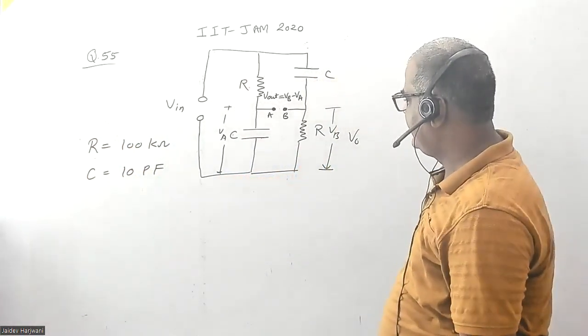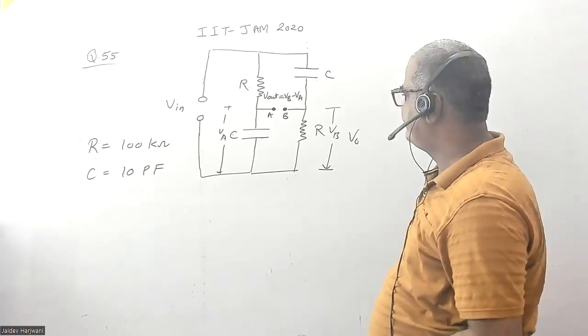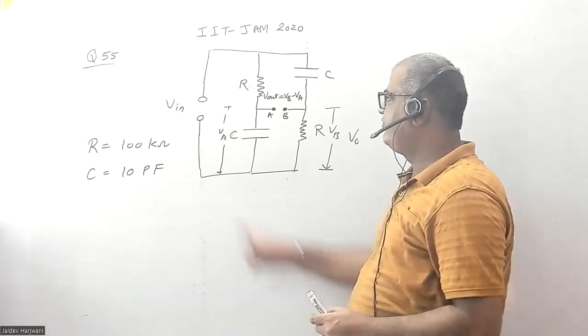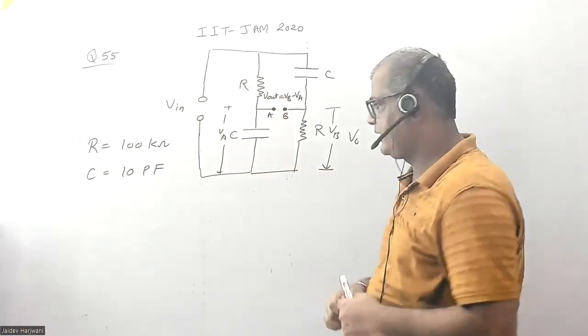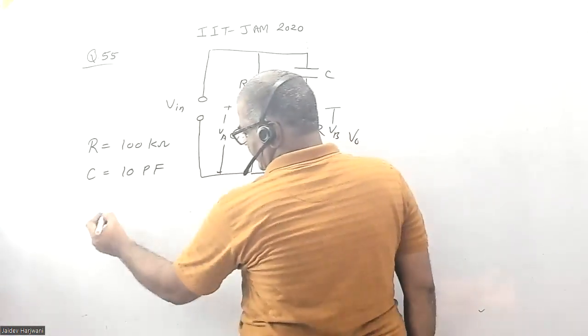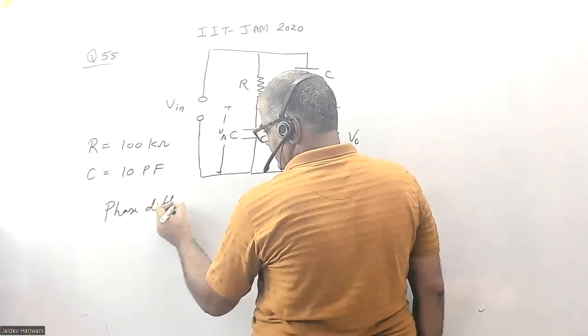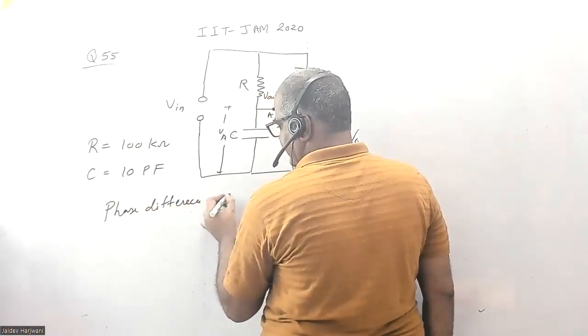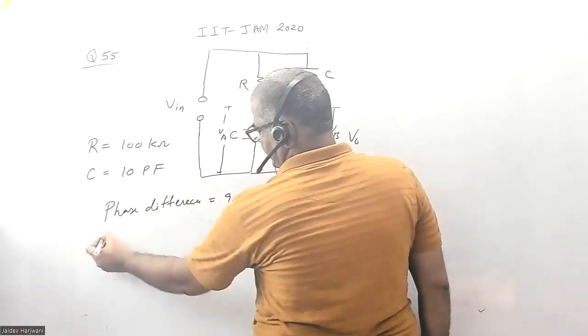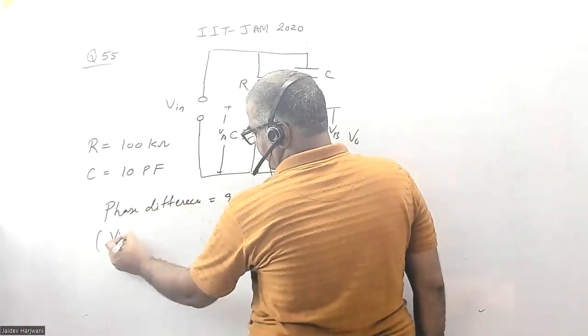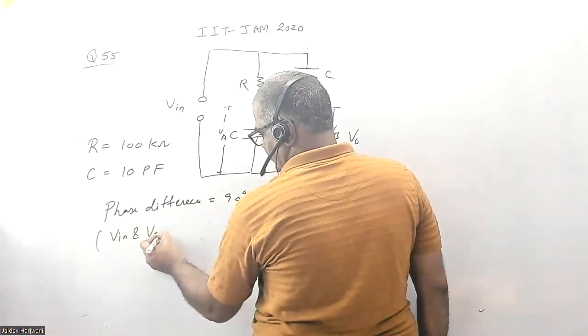They say that the phase difference between V input and V output is 90 degree. So the phase difference is given, 90 degree, between V input and V output.